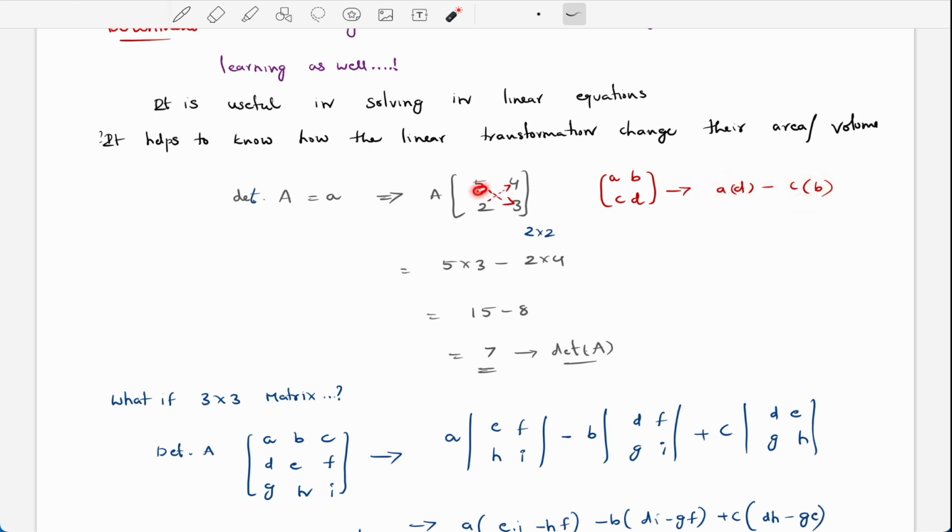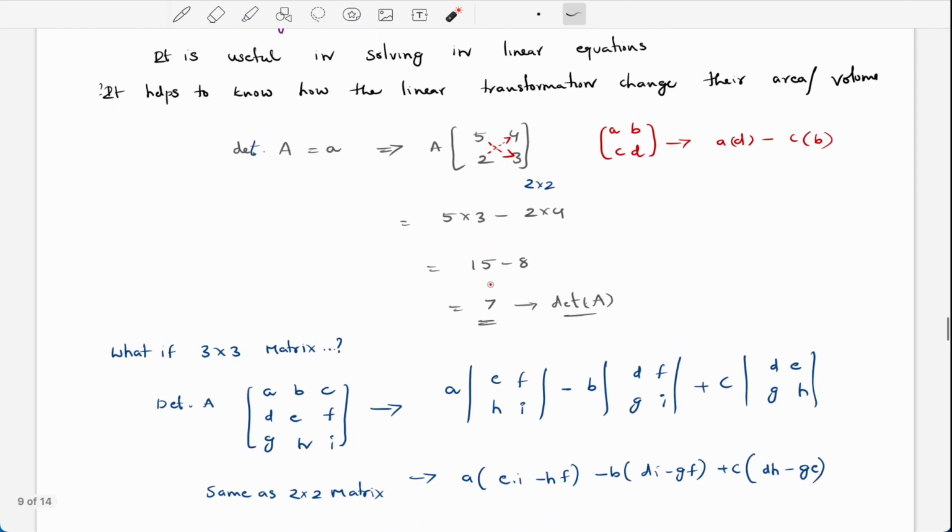So the 5 is multiplied with the 3, and the 2 is multiplied with the 4, and the result must be a scalar. The determinant of any matrix results in a scalar, which is just a value. So the determinant of A here is 7.